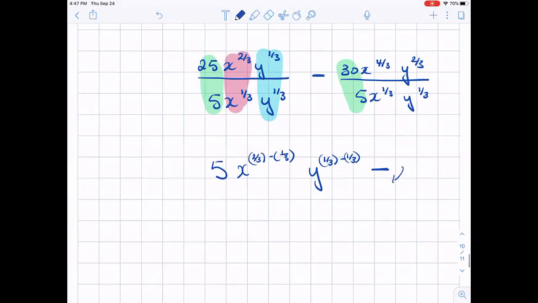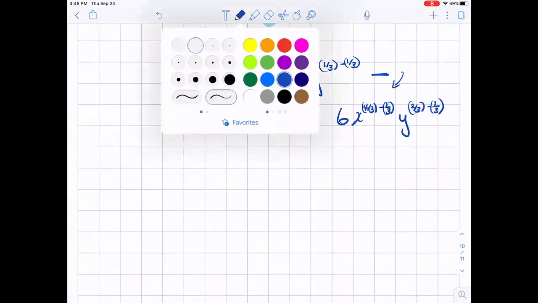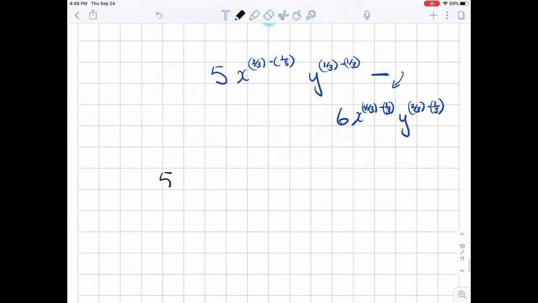So coming down over here, we have 6x to the 4/3 minus 1/3, and then y to the 2/3 minus 1/3. Simplifying, this becomes 5x to the 2/3 minus 1/3 is 1/3, and y to the 1/3 minus 1/3 is 0. Minus 6, 4/3 minus 1/3 becomes x to the 3/3, and y to the 2/3 minus 1/3 becomes 1/3.